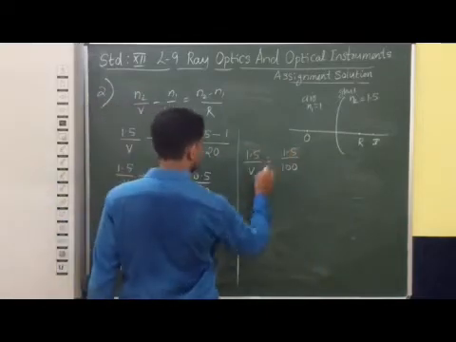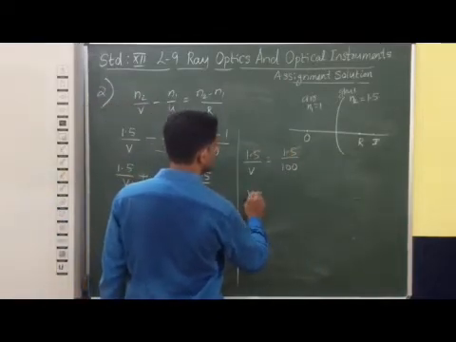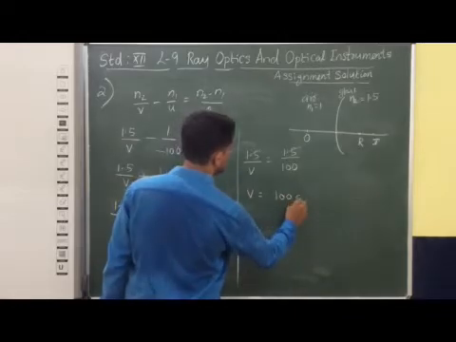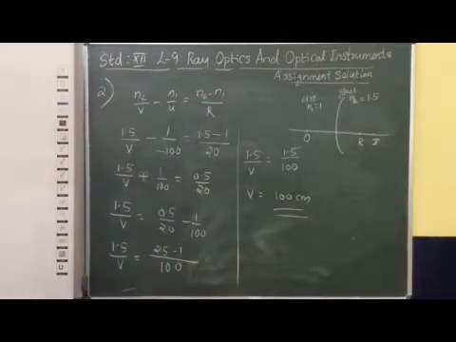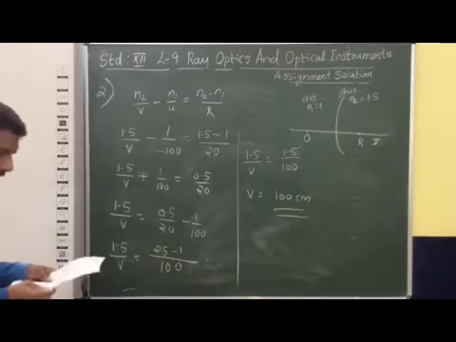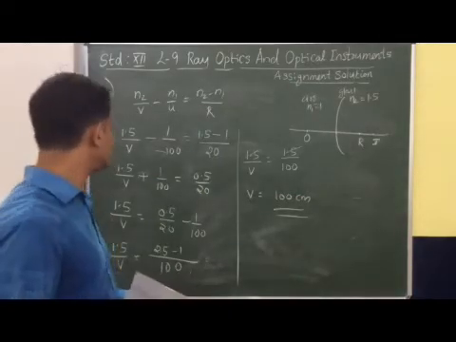So V is equal to 100 centimeter. So the image is forming at 100 centimeter. Okay, V is considered as 100 centimeter.